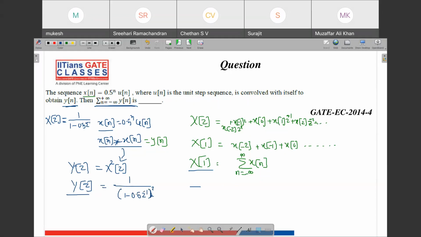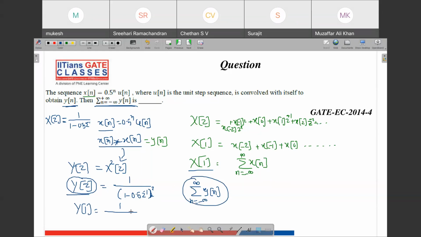Now to find out the summation of y of n, n equal to minus infinity to infinity, what we have to do is just replace z equal to 1 in this y of z, and whatever number you get on the right side will be the summation of this.